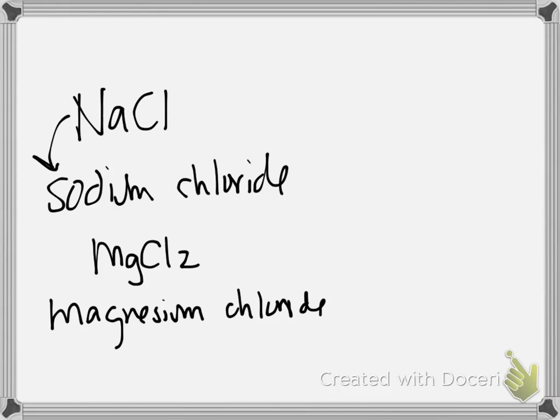There is no hint in the name magnesium chloride that there's a 2 there. Because in ionic compounds, we don't reference those subscripts in any way, with straight monoatomic ions not formed from d block. So that's just magnesium chloride.